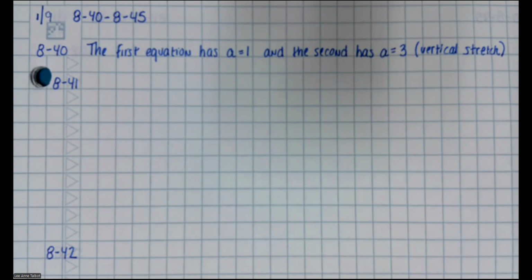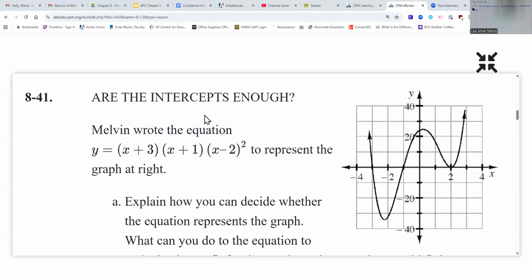Okay, number 41. Are the intercepts enough? Melvin wrote the equation y equals x plus 3, x plus 1, x minus 2 squared to represent the graph at right. Okay, so let's talk about what Melvin put real quick before we move on.